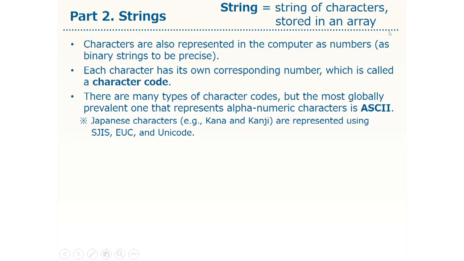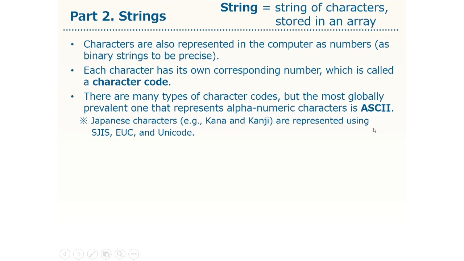Next, let me explain a character code. As we studied in topic 1, everything is expressed as a number in the computer. Characters too. Each character is related to some specific number, and characters are expressed by such numbers in the computer. The correspondence between each character and the number is called a character code. There are various types of character codes, but the most globally prevalent one that represents alphanumeric characters is called ASCII.